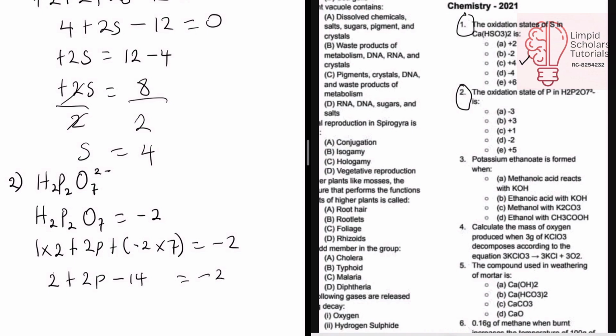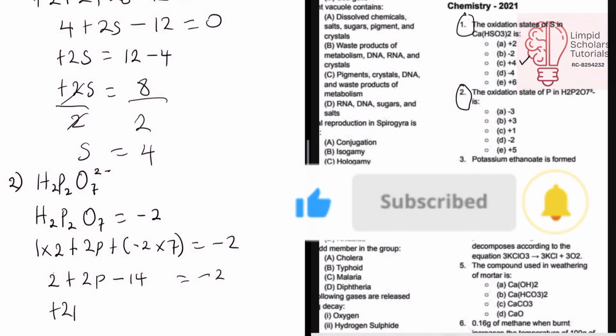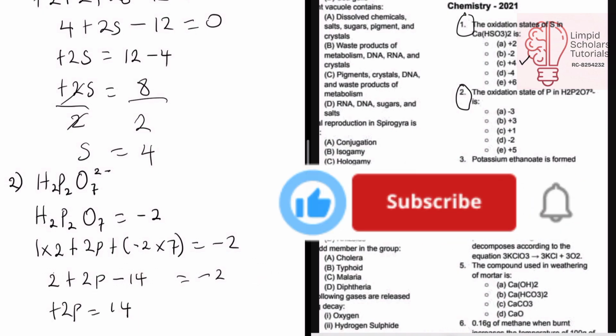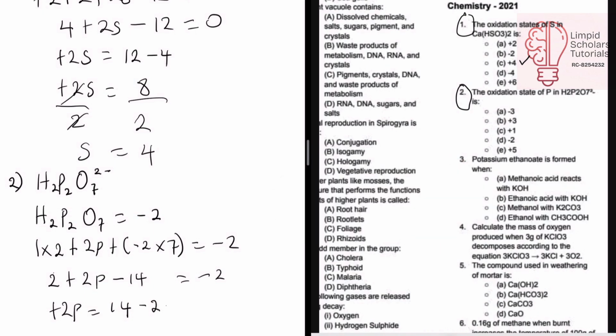So we'll be taking this and this over here. So 2P is equal to 14 minus 2 minus 2, which is 12, and 12 minus 2 is 10. So dividing both sides by 2, P is 5.